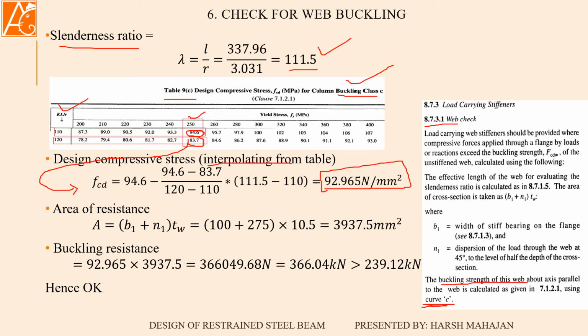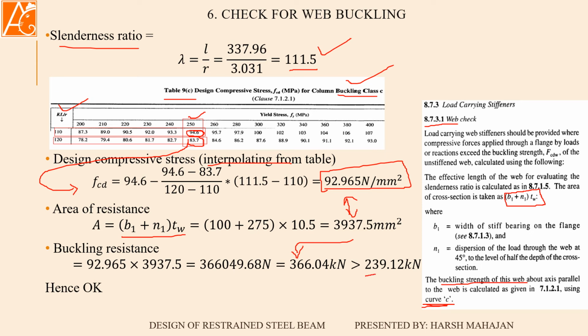Now, as per the code, I am taking the area of the cross section for resistance to be B1 plus N1 into Tw, and multiplying this area with this stress will give me the allowable compressive strength of the web, or the buckling resistance of the web.